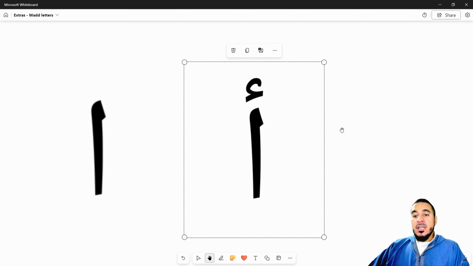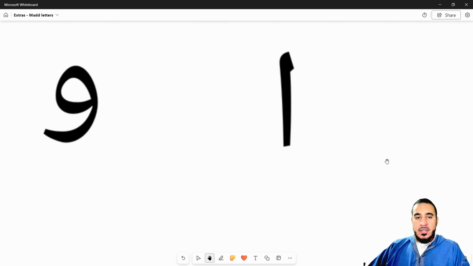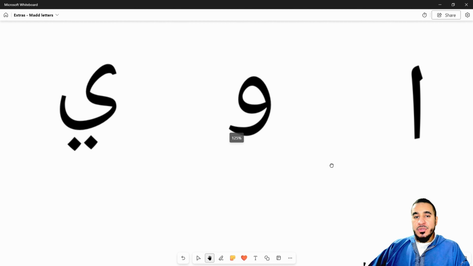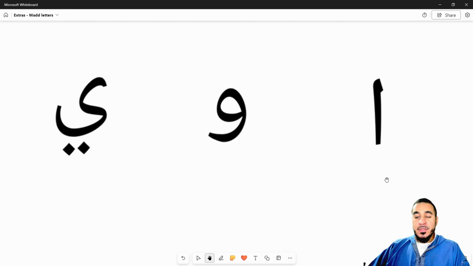So when we use the alif as a med letter, then it will not have the hamza above it. So we can get rid of that. So the three letters will then look like this, when used as med letters: the alif, the waw, and the ya.